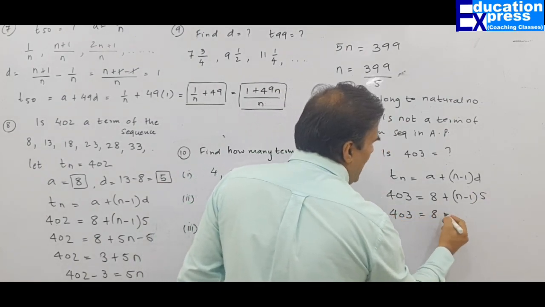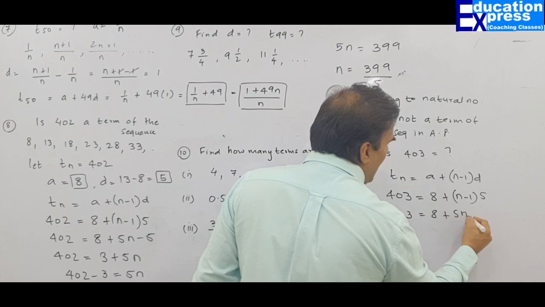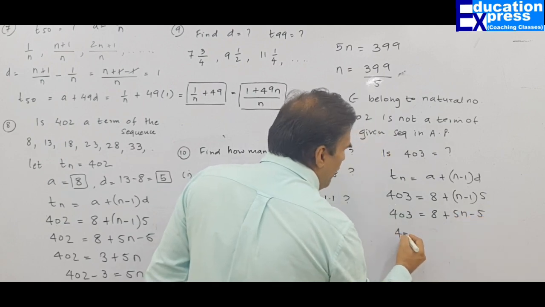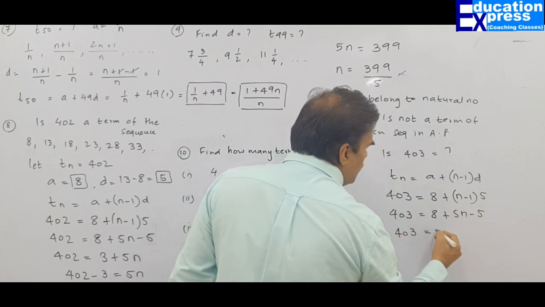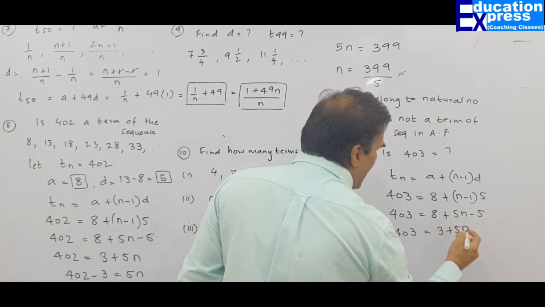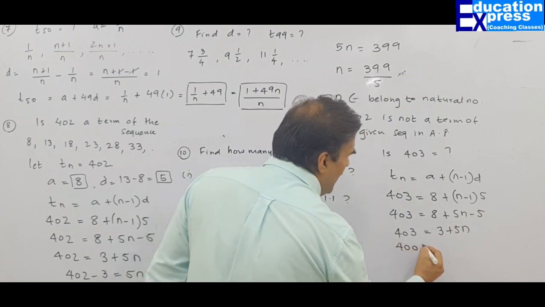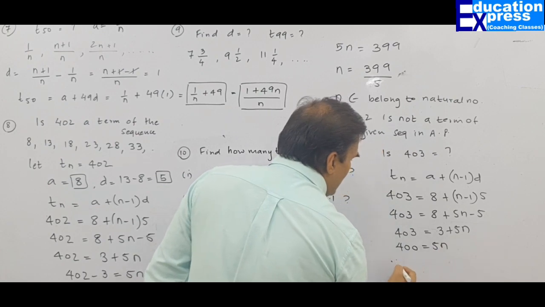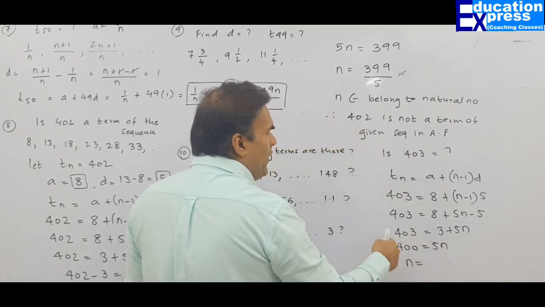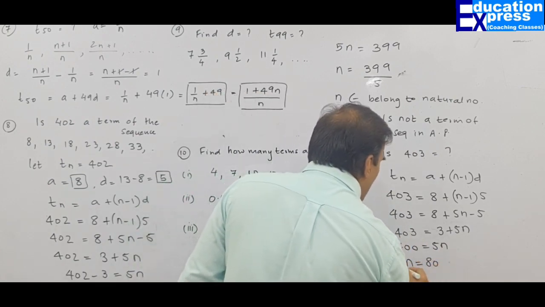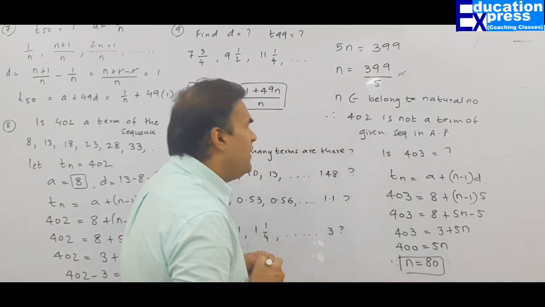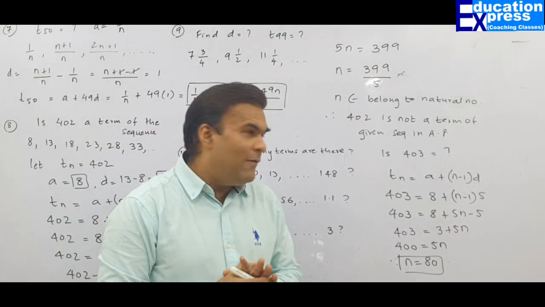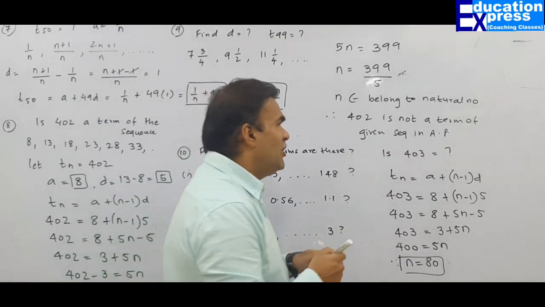403 equals 8 plus 5n minus 5. 403 equals 3 plus 5n. 400 equals 5n. Therefore, n is 400 divided by 5, which is 80. So in case my number would have been 403, it would have been the 80th term.